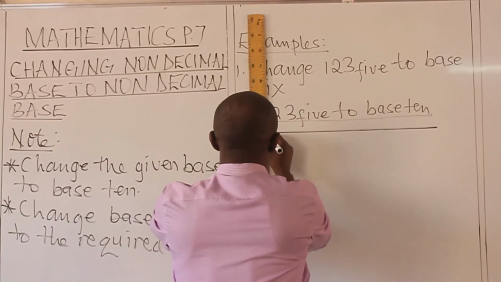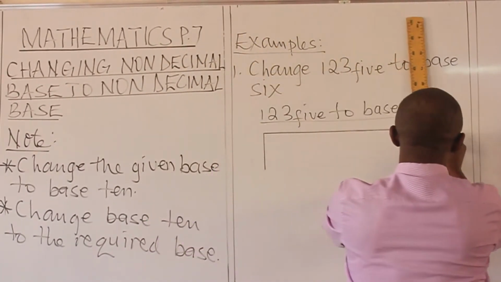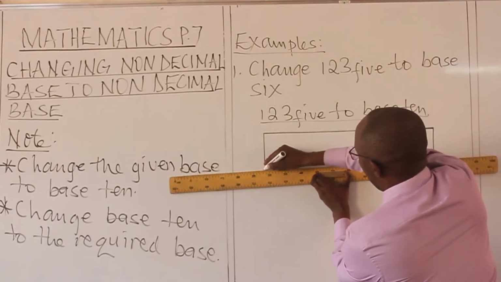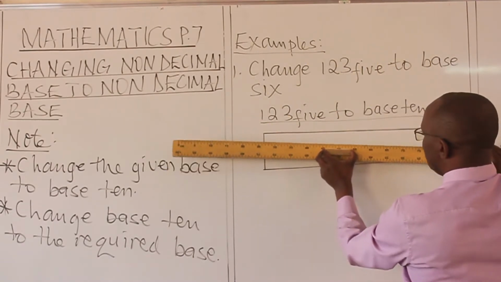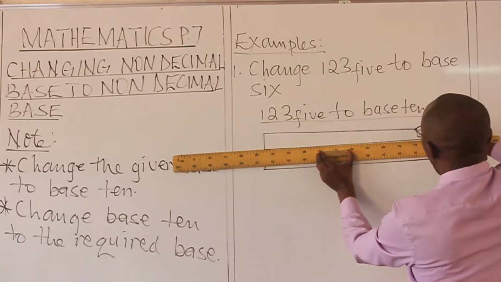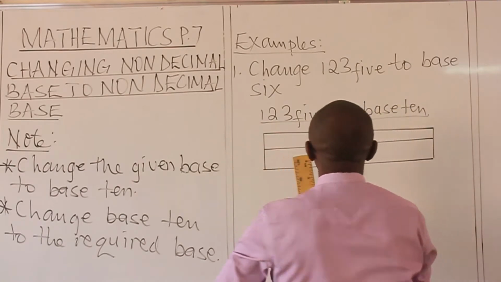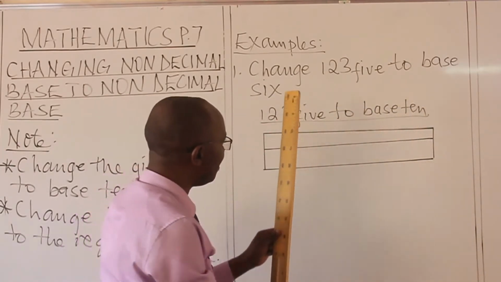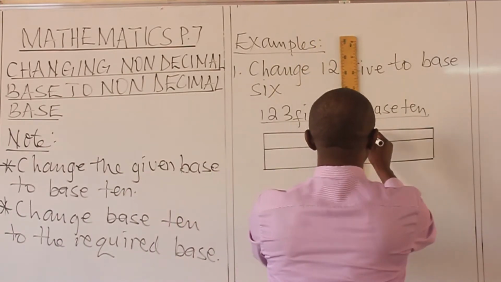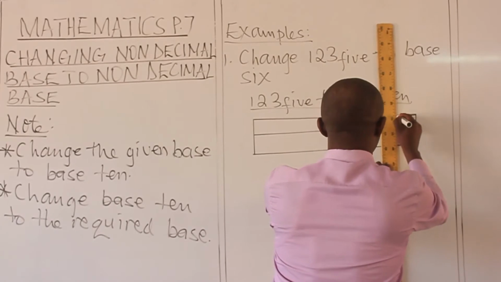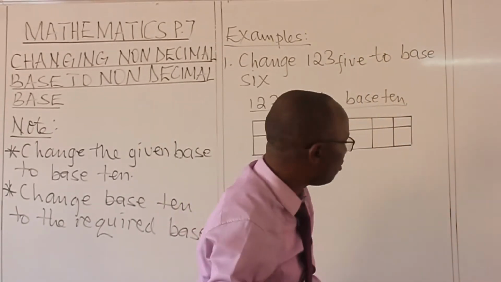So I am drawing the table, and I split my table into two. My question is a 3-digit numeral, so I split. This side I'll have my digits. Now that is the table drawn.